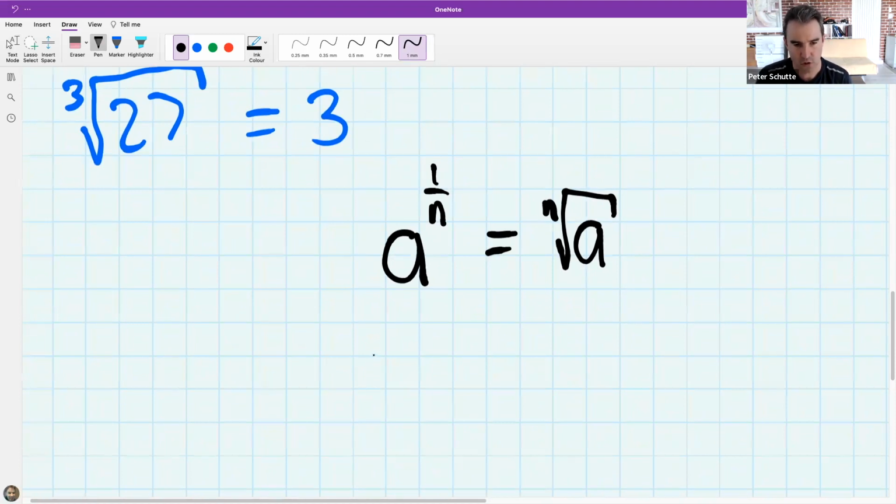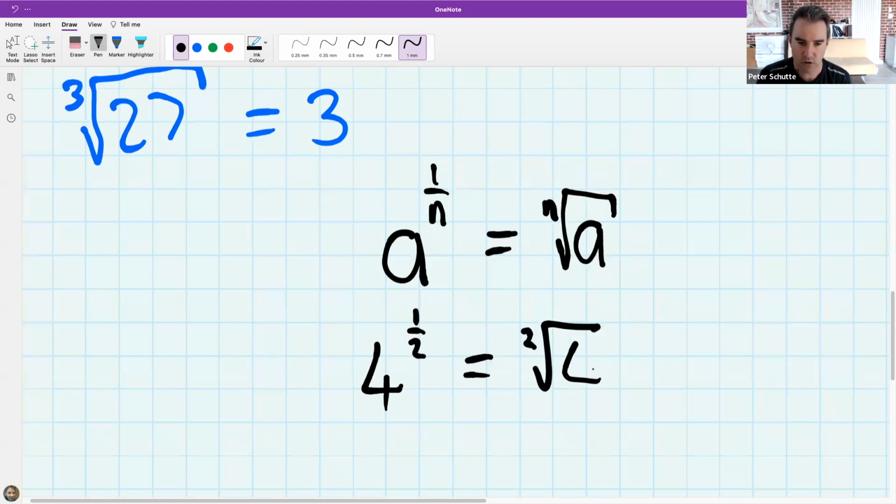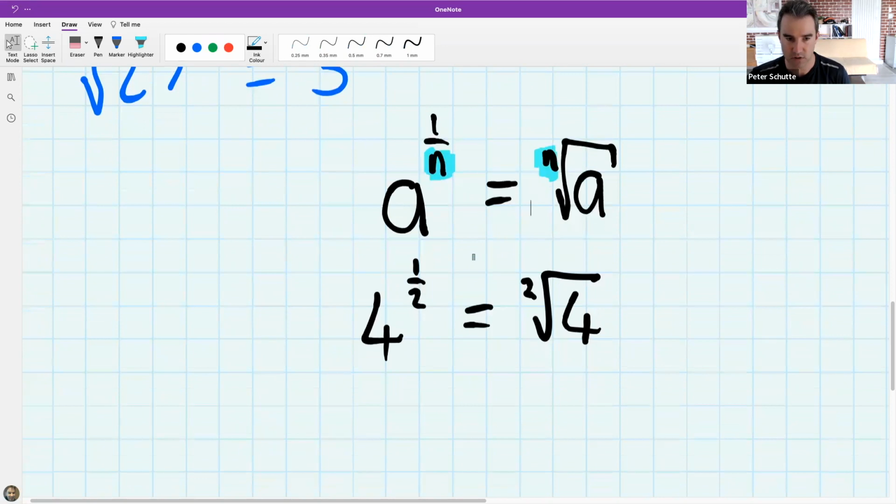If I said to you, what is 4 to the power of a half, we know that that is the same as the square root of 4. So can you see that connection between basically whatever this number is here, it's the same number over here. And so this is a law that is going to come up a bit today as we do this.